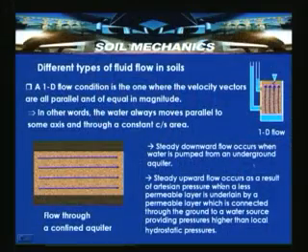So, steady upward flow occurs as a result of artesian pressure when a less permeable layer is underlain by a permeable layer which is connected through the ground to a water source, providing pressures higher than the local hydrostatic pressures. So, these pressures which are driving the flow in the upward direction are higher because of natural artesian conditions.